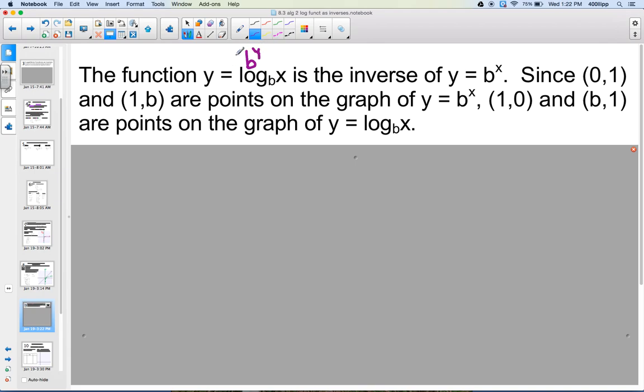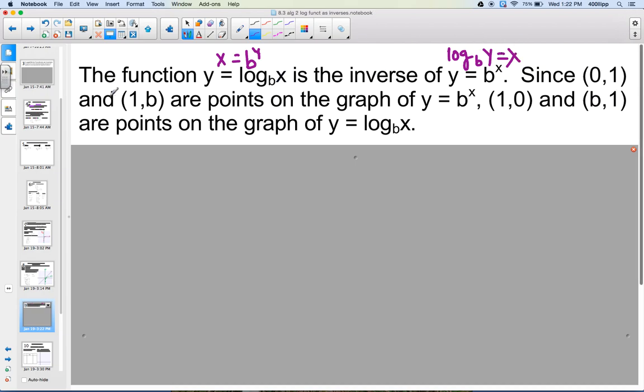So b to the y is equal to x. These are equivalent statements here. Okay, so the inverse is switching your x and y. So that's the inverse of that. And if we wanted to write this in logarithmic form, I'd write log base b of y is equal to x. So those are inverses.